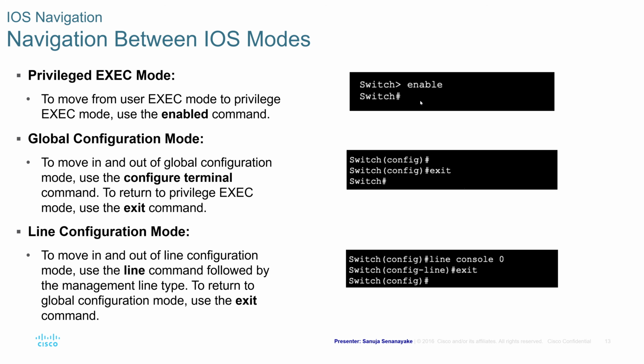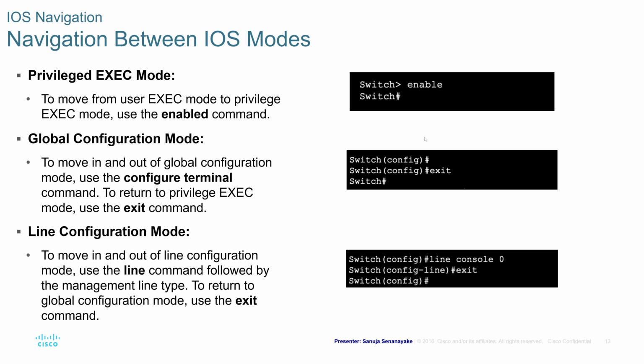So basically, you go enable, it will get you into the privilege executive mode. And if you go exit out of it, you can exit back into here as well. But if you want to go into configuration mode, configure terminal mode, you can go config T or configure terminal, and it'll get you into this one.